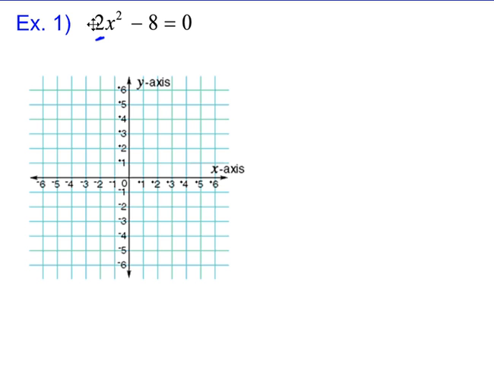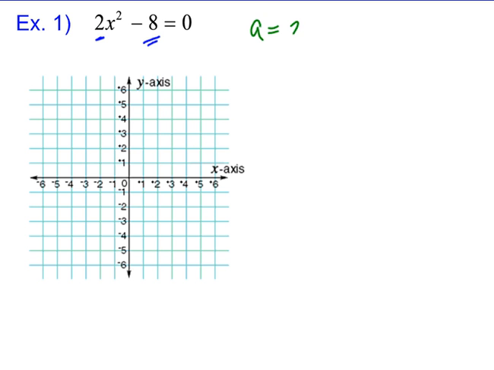That means it's going to be climbing 2 times as fast, which means we're going to have a very narrow parabola. We'll notice that there is no bx term. That means this parabola is not going to shift left or right. It's going to stay centered on the y-axis. And therefore, we know the y-intercept, which is -8, is more than likely part of the vertex.